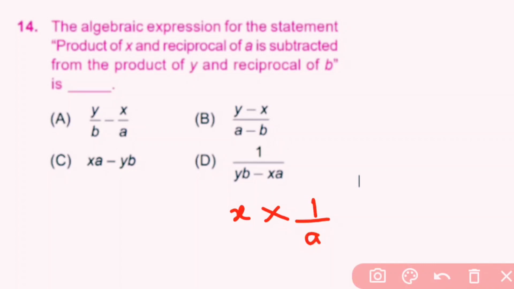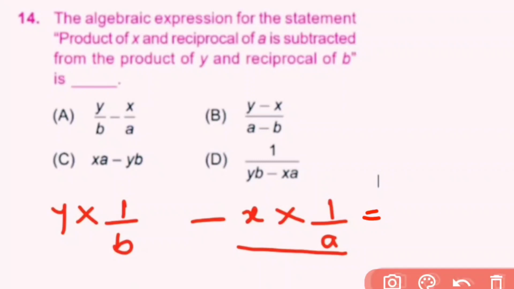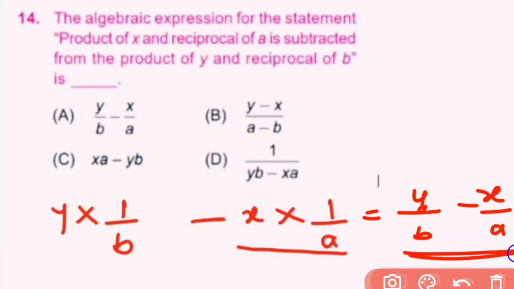Is subtracted from means this is subtracted from the product of y, product means into, and the reciprocal of b. Reciprocal of b is 1 by b. The expression will be y by b minus x by a. So here A is the correct answer.